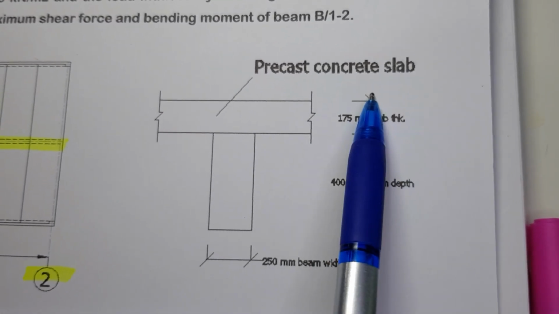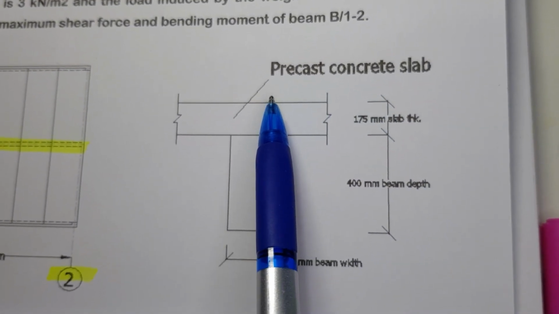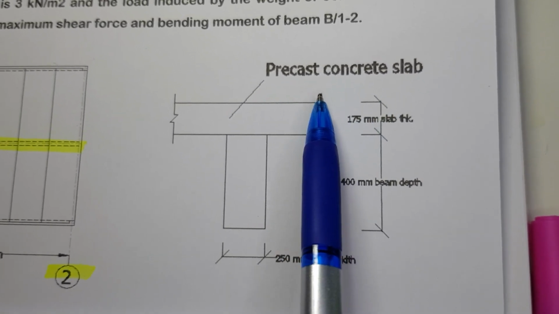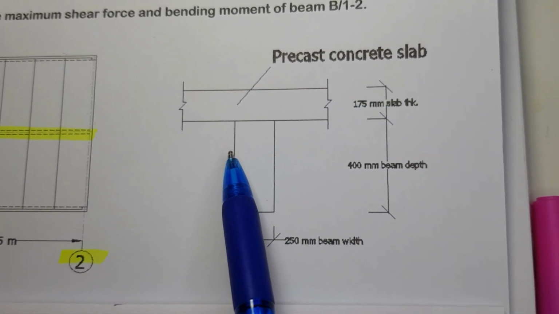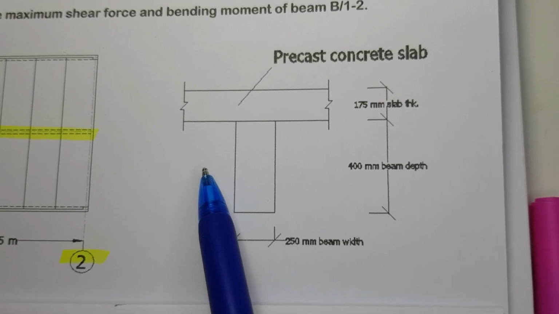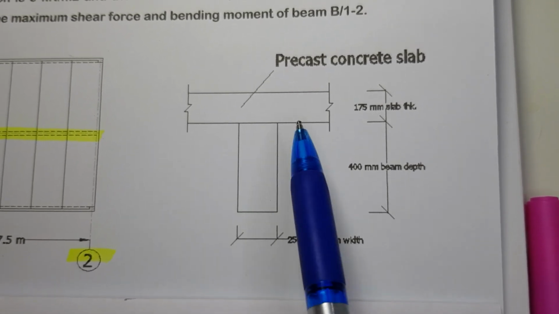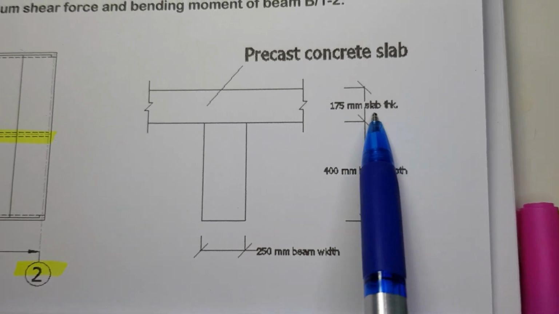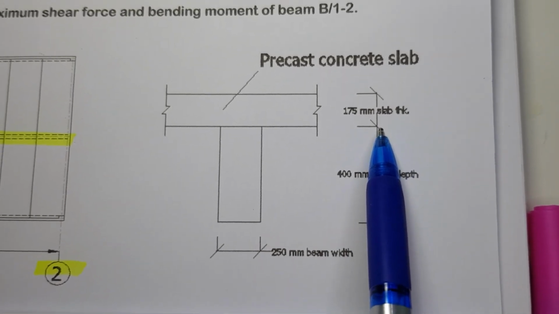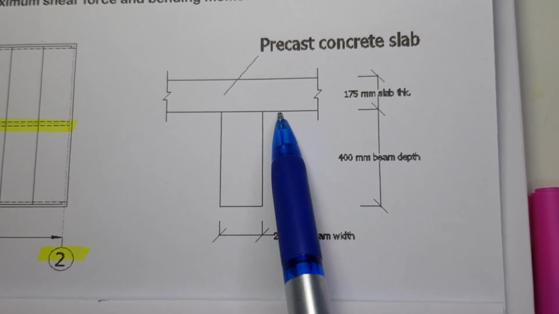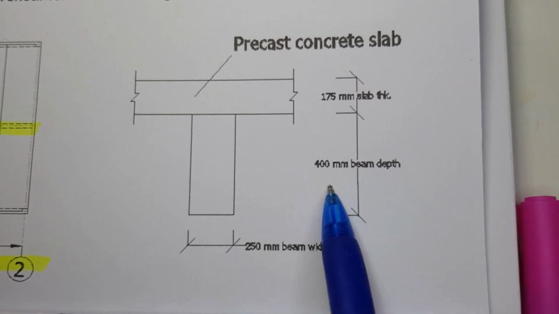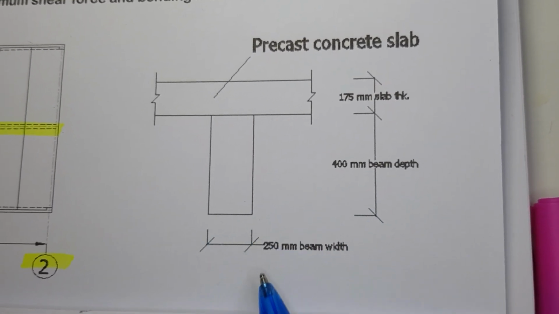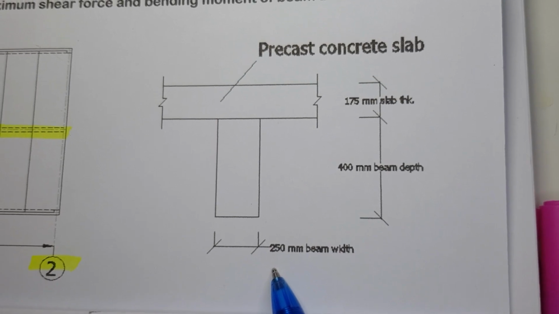Precast concrete slab. So if the slab is precast, meaning the distribution of the load is in one way. The thickness of this precast concrete slab is 175 mm. The depth of the beam is 400 and the width of the beam is 250.